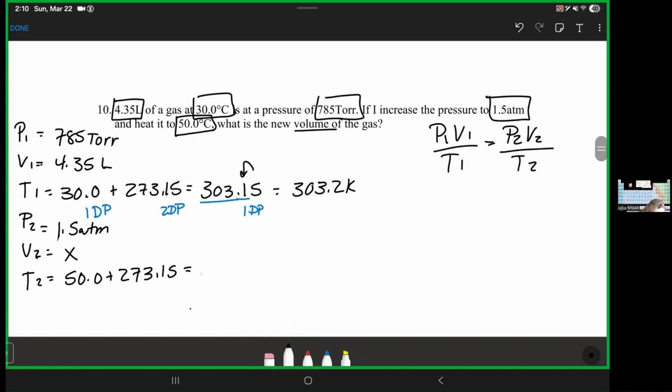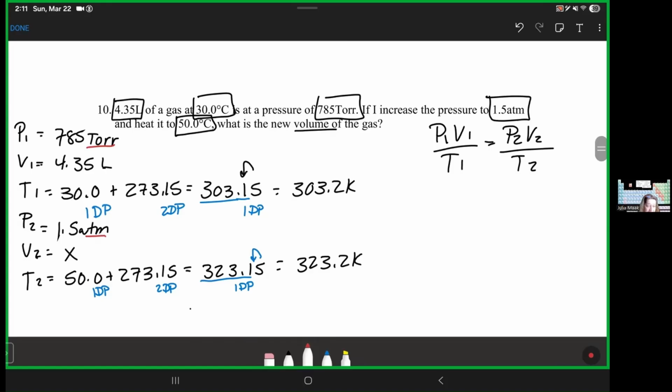So I get 323.15. And we're limited to 1 decimal place, 2 decimal places, so 1 decimal place in my answer. The 5 is going to round the 1 up, so I get 323.2 K.